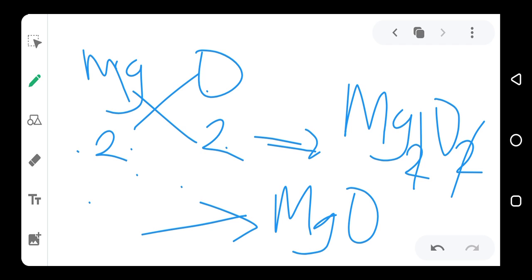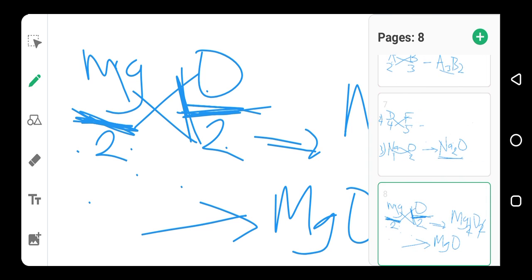So in this case, magnesium is a metal, oxygen is a non-metal. Now this combining of valency, we normally see it when a metal and a non-metal are combining, which is what we call ionic bonding or ionic combination or electrovalent combination. Now let's look at other combinations.